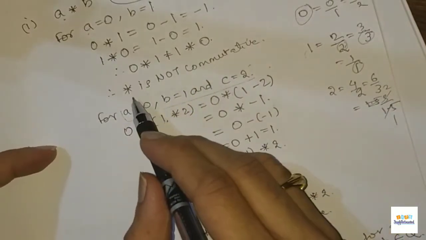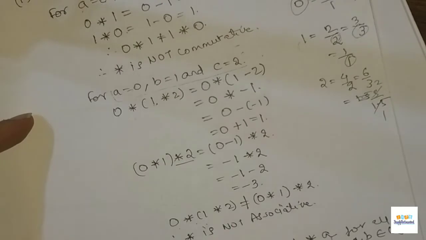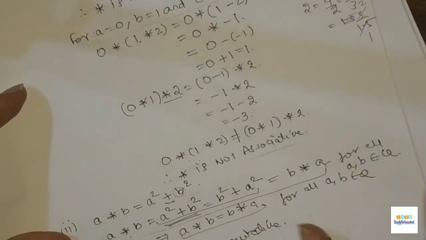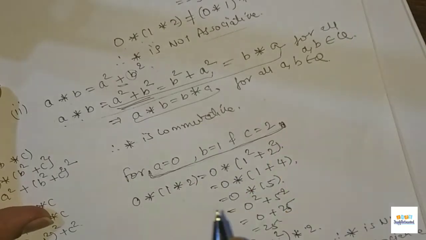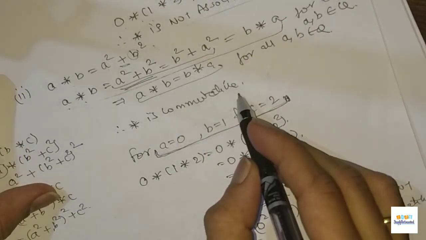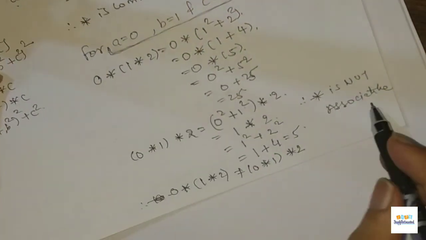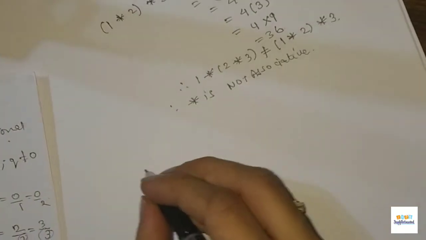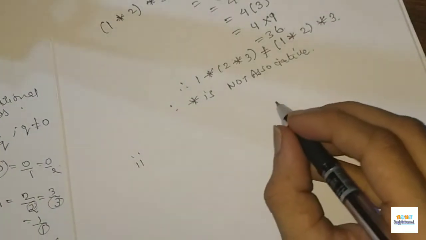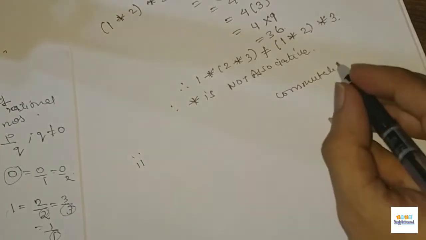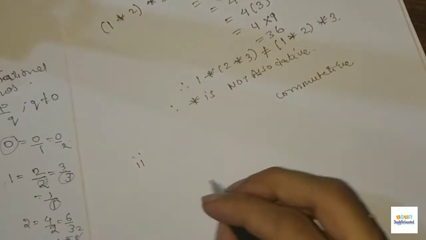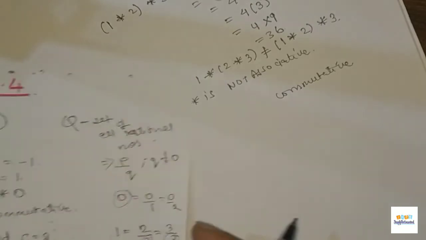Star was not commutative, star is not associative, so this is neither commutative nor associative. Now the second was commutative but not associative. So second is commutative, and also second is not associative.